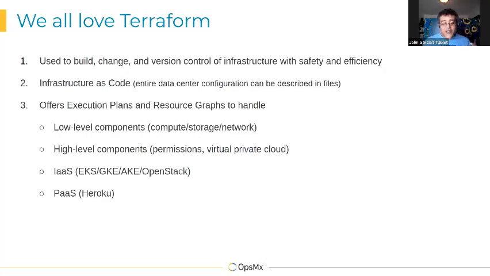The way that Terraform does that is a tried and true method. If you're not familiar, we take the infrastructure that we want to describe, and we describe it in a declarative language called HashiCorp language, and we use that to define the entire environment.